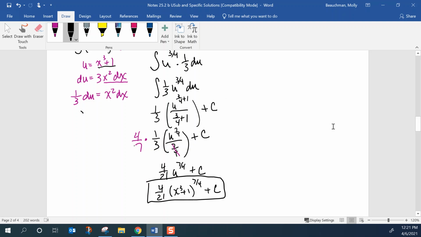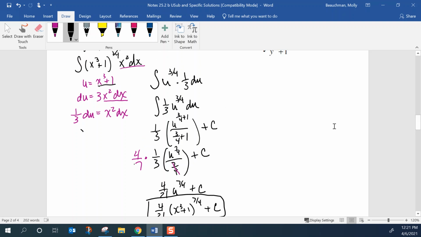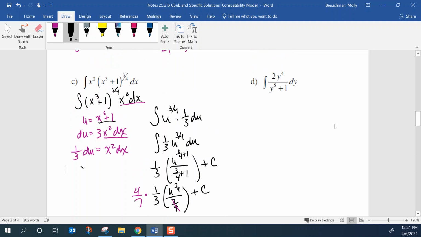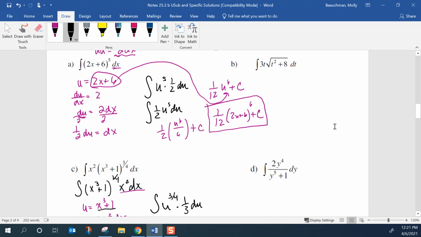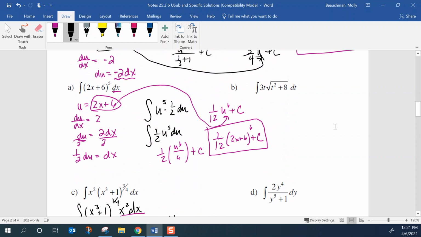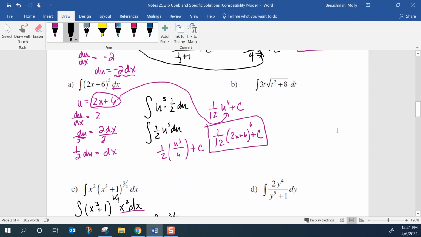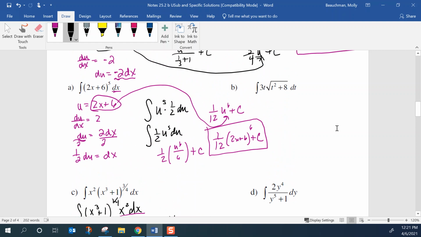All right, so it's a lot of work, so keep track of what you're doing. But that is how to do the chain rule backwards. Let me help you with B and D, just setting up your integral, and then you follow the same process.